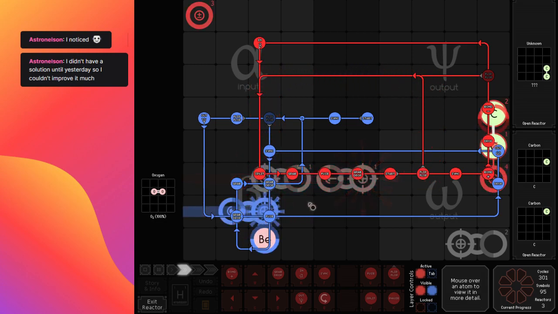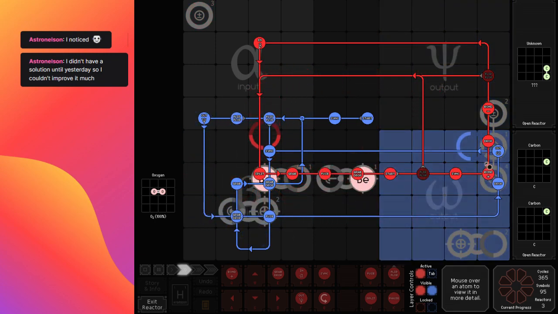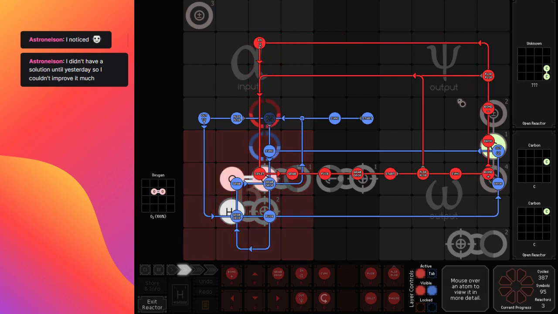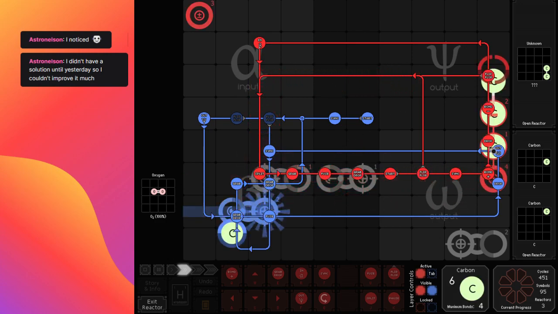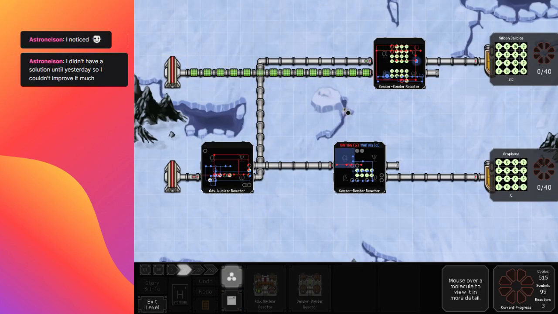And blue will count 3 times, because the leftover helium will get fused 3 times to get another carbon. Now, it's interesting that Anime has decided to do this kind of split with the outputs. I'm very curious of what happens with that.